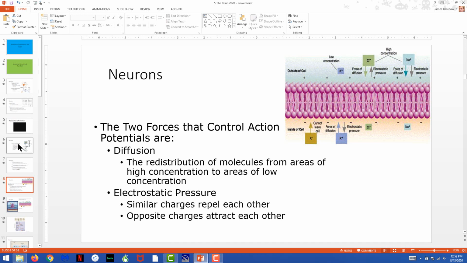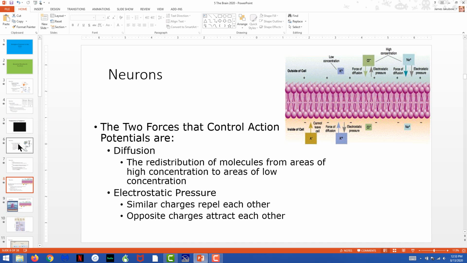If we go to the inside of the cell and we look at potassium, potassium wants to get out of the cell because it's in a large concentration inside, and potassium is in a low concentration on the outside. So there's the process of diffusion that wants to get it out.